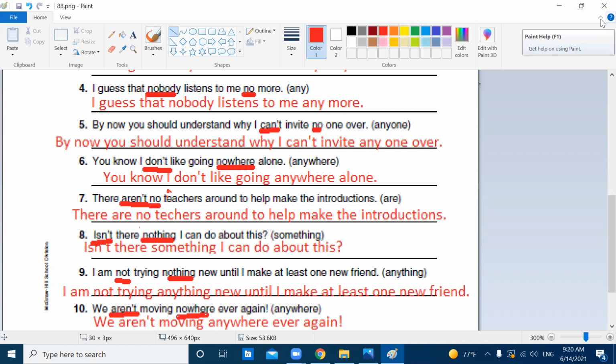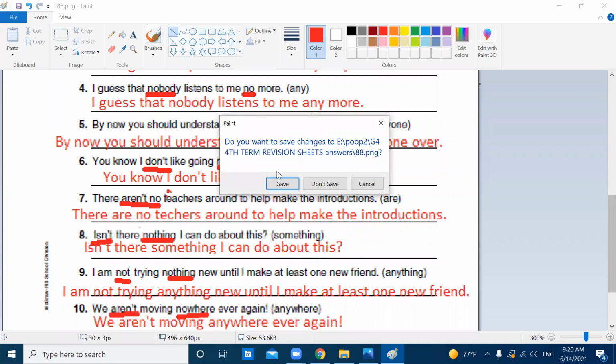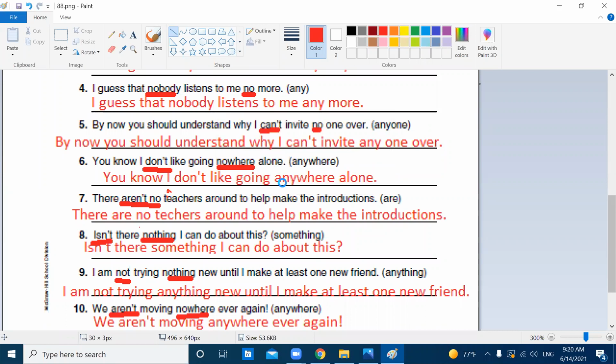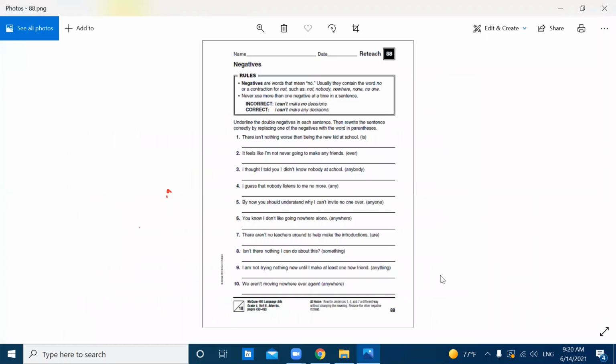Any questions about double negatives before we go on? No. Anybody have questions? Okay. All right. Let me save this. All right. Next page. All right.